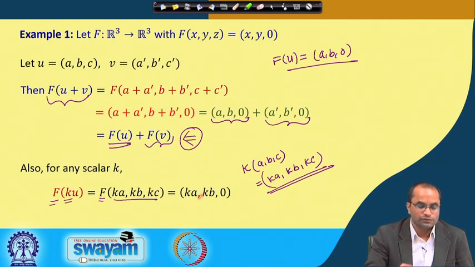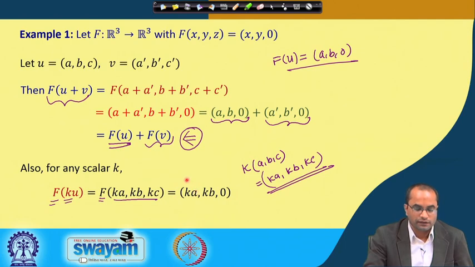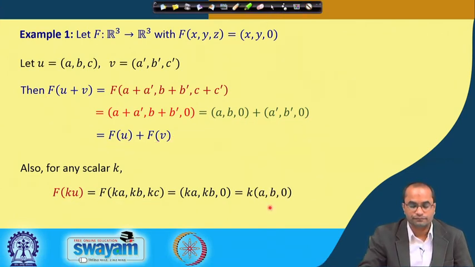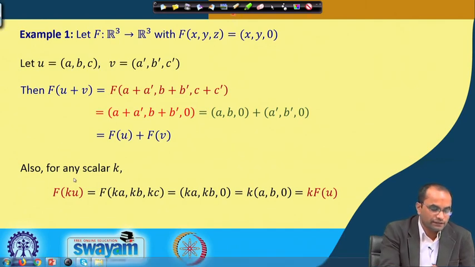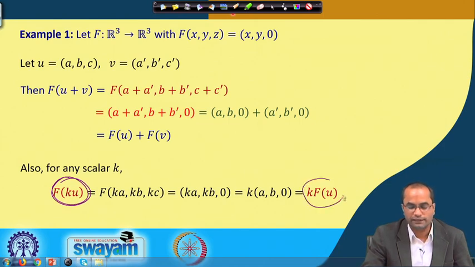Again, we will use the idea which was used earlier in terms of the addition. Out of this (k a, k b, 0), we can take this k outside this point (a, b, 0), and by doing so we are getting k times (a, b, 0), and this is nothing but k times the function of u. So, what we have checked here, the second property, is that when we apply f on k u, we are getting k times the function value at u.